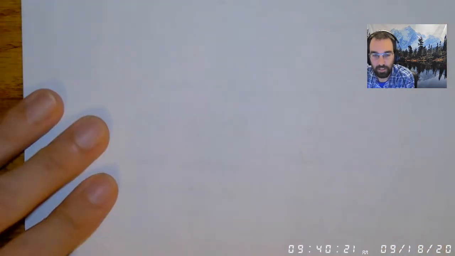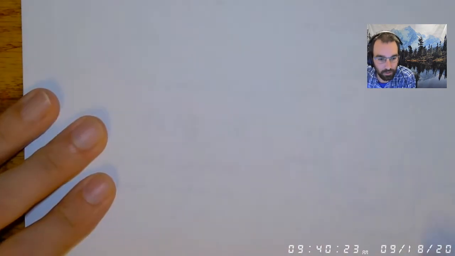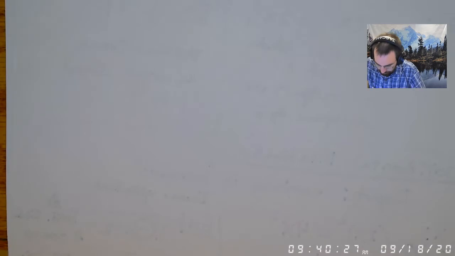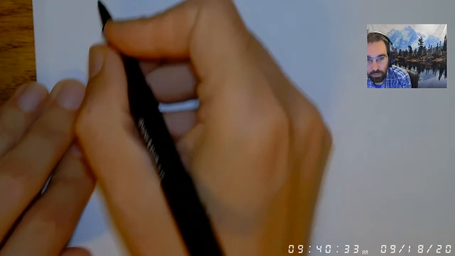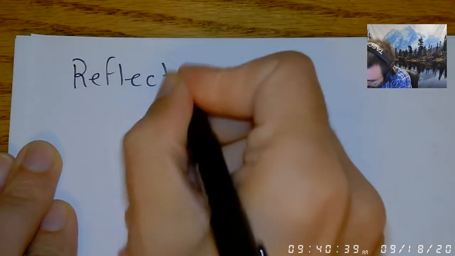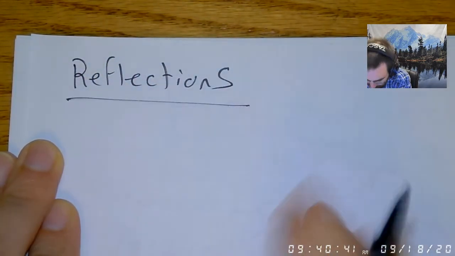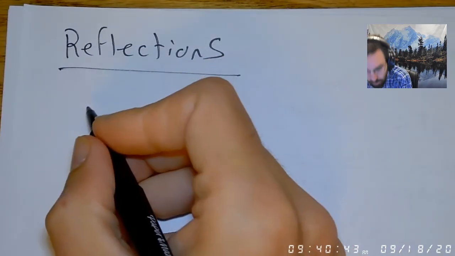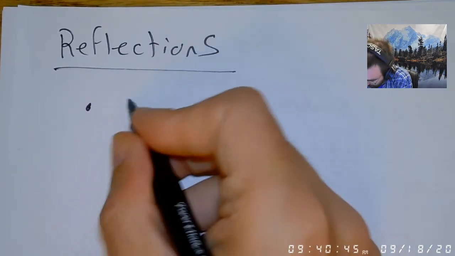All right, so next up, the next thing I want to talk about is reflections, because I just brought it up. Okay, so there are 2 reflections you need to know.